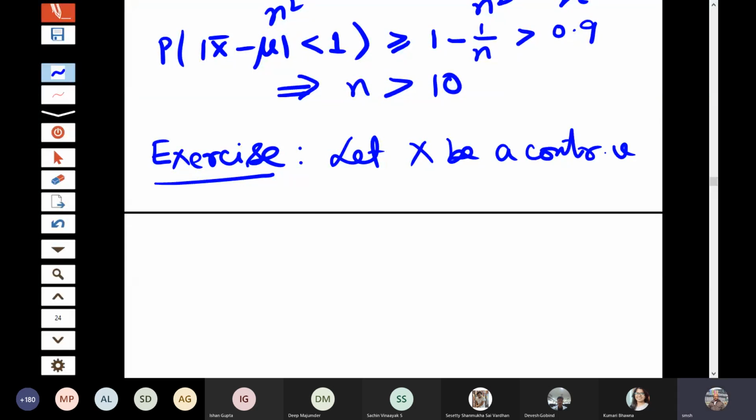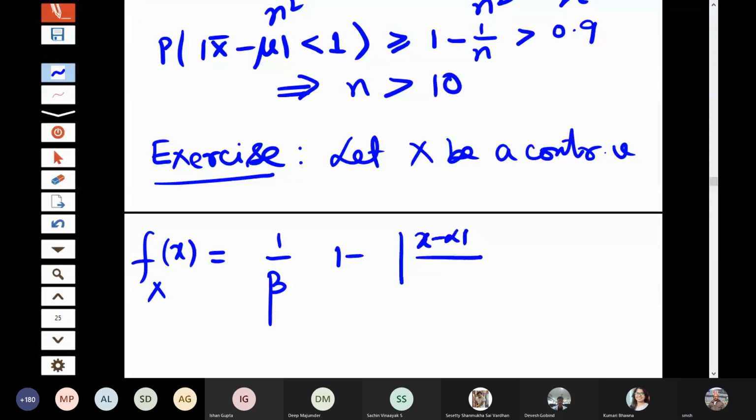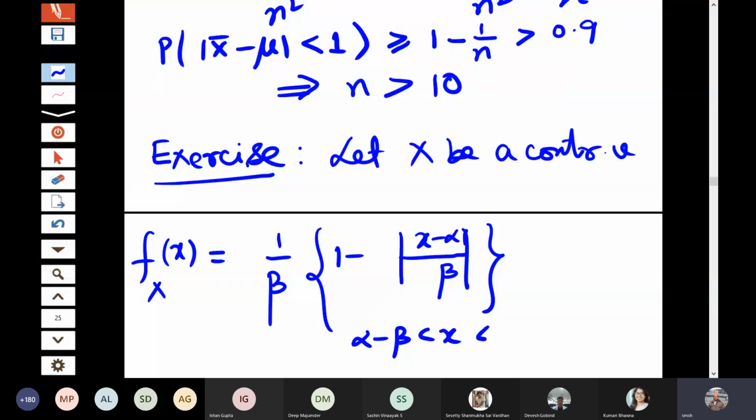Suppose x is a continuous random variable and the density is 1 by beta times 1 minus mod of x minus alpha by beta, where alpha minus beta is less than x less than alpha plus beta. And it is of course 0 at other places.